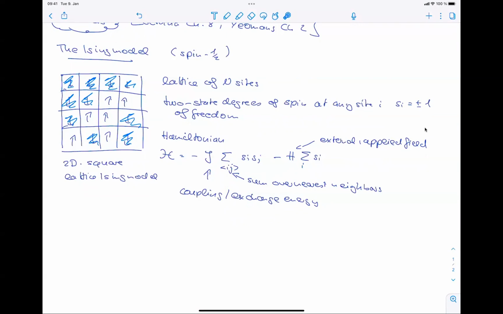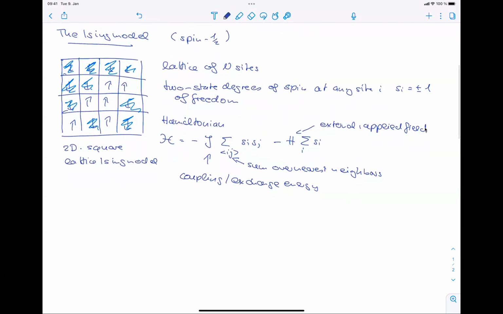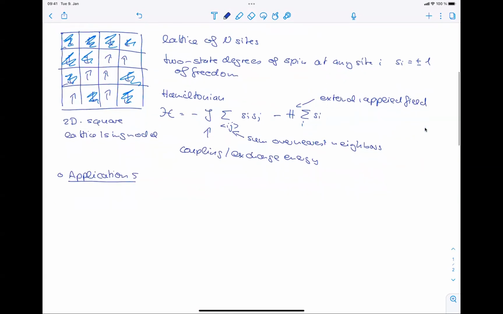And you may be wondering, is this a useful model at all? And it turns out, indeed, it is. Despite its simplicity, it's a model that's very successful in describing a broad scope of materials and phase transitions. So let me just list a few applications. The very obvious is magnetism, because that's what we're looking at.